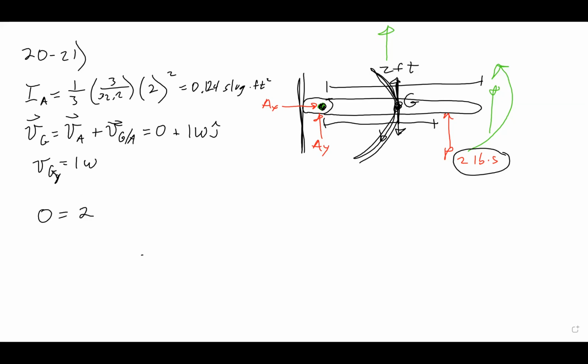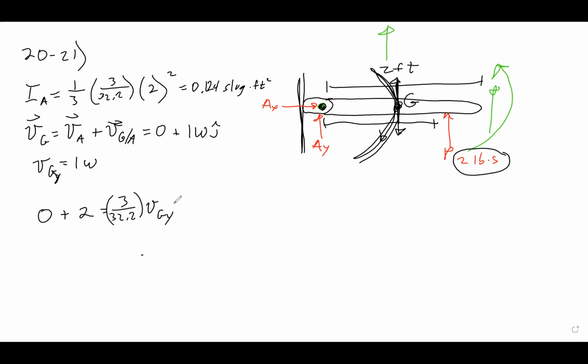Sorry, that shouldn't be an equal sign because the impulse is on the other side of the equal. That should be a plus. All right, and then equal to the final momentum, which is going to be the mass times the velocity of Gy, which we know is 1 omega.